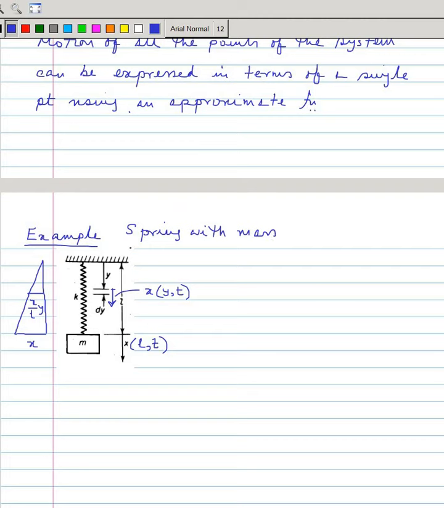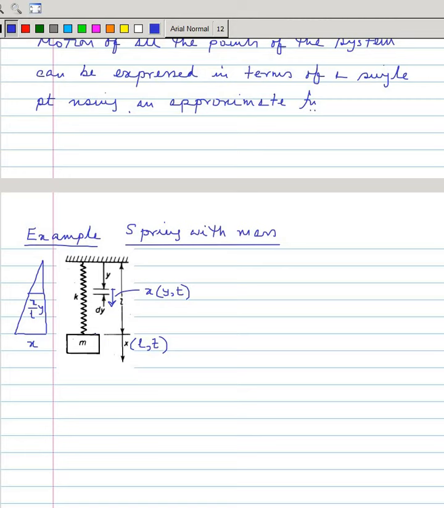It is a spring, no doubt, but this is not a lumped elasticity spring. This spring also has a distributed mass, but the motion of any point on the spring, like this motion at this point on the spring, can be expressed as a motion of this single point on the system. How?